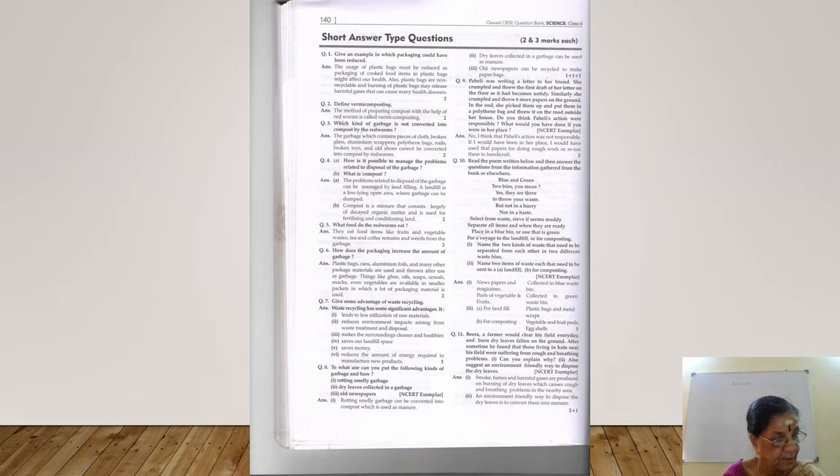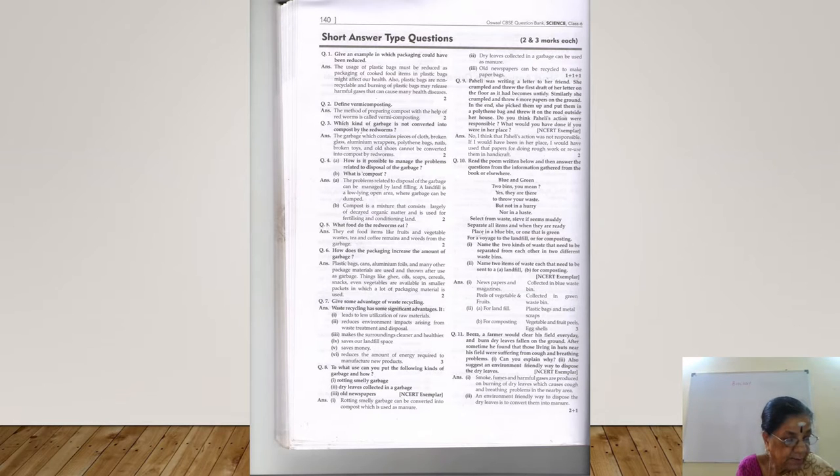Right? Then a farmer would clear his field every day and burn dry leaves fallen on the ground. After some time, he found that those living in huts near his field were suffering from cough and breathing problems. Why? Smoke, fumes and harmful gases are produced on burning dry leaves, which cause cough and breathing problems for the people living in the nearby area.